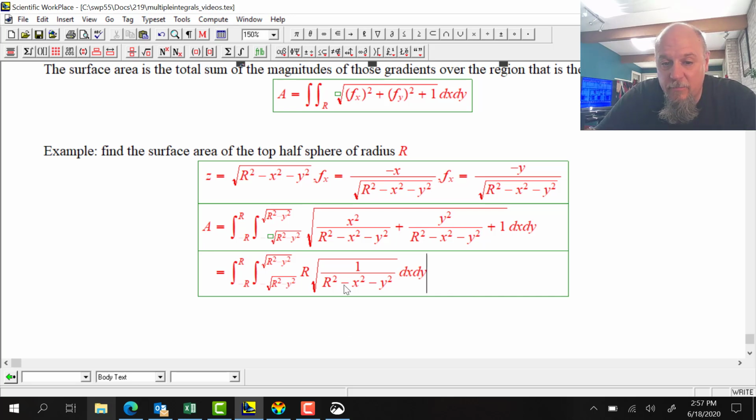So I'm going to move this. We're integrating with respect to x. So I see something minus x squared. So my substitution is going to be, I got 1 minus sine squared theta is equal to cos squared theta.